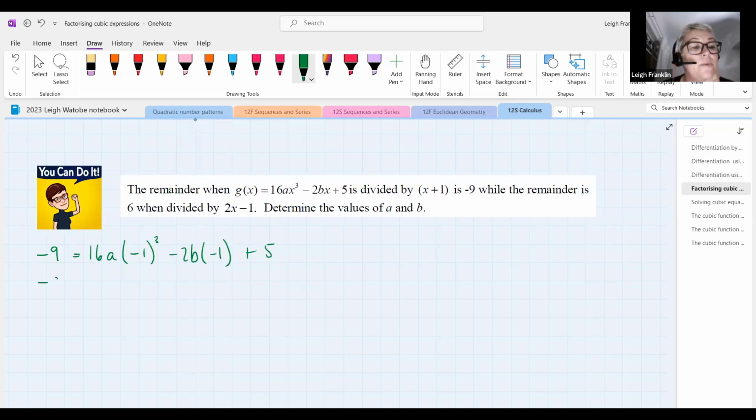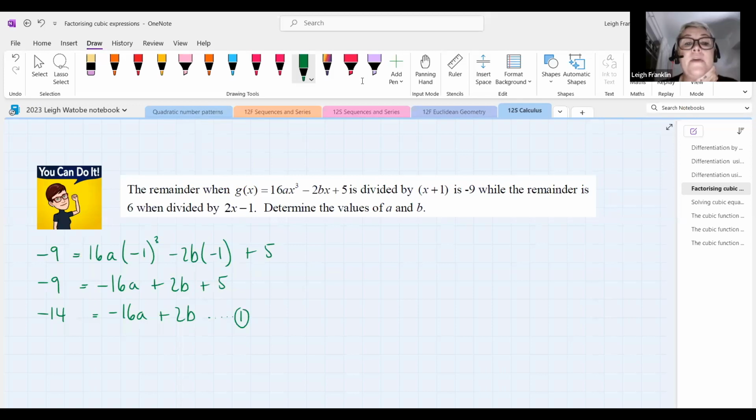So we end up with -9 is equal to -16a plus 2b plus 5. When I take the 5 over to the other side, it would be -9 minus 5. That would give me -14 is equal to -16a plus 2b. I'm just going to leave my equation like that for now.